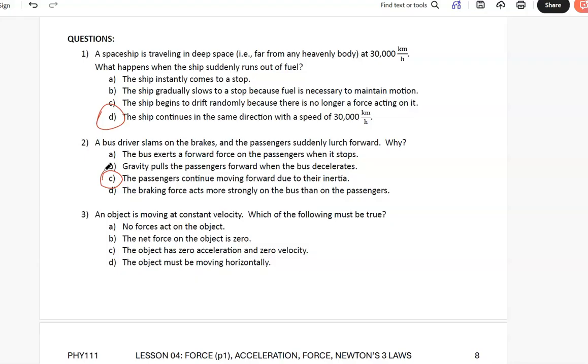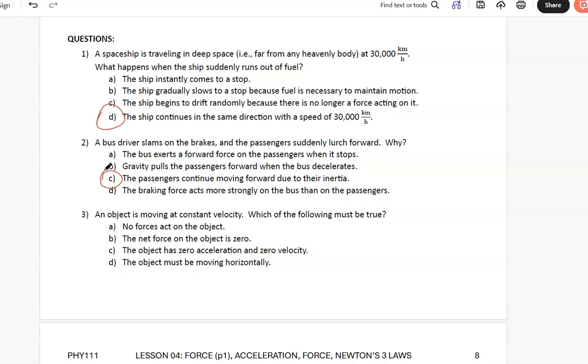Well, if the object is moving at constant velocity, that could be one of two things. It's either moving at a constant velocity of 0, which means it's not moving, it has no velocity, it has no acceleration, or it's moving in a positive direction, negative direction, some diagonal direction at a constant speed and constant direction.